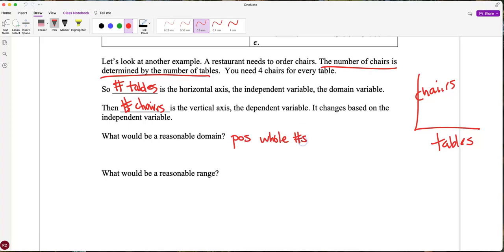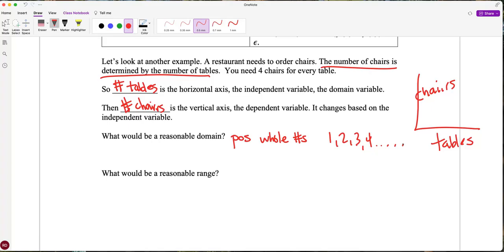I don't really want to consider 0, because if I have 0 tables, what's the point of this problem? We know how many chairs to order. So positive whole numbers, not real numbers. You could say the natural numbers, or you could just list out 1, 2, 3, 4, and so forth. So that would be the domain, natural numbers.